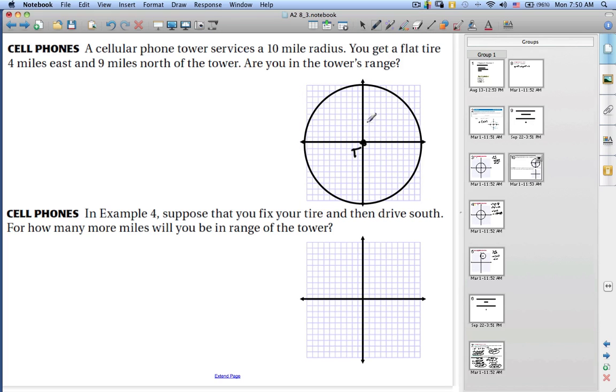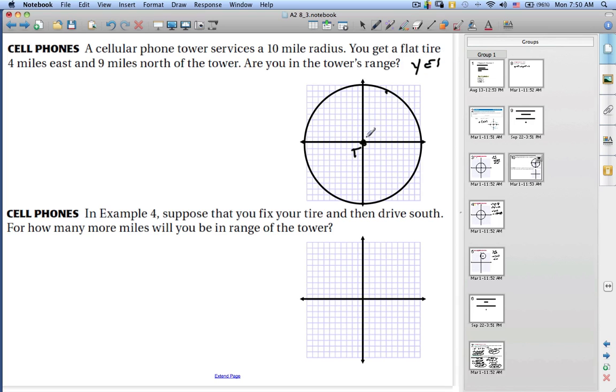That's where my tower is, and it goes 1, 2, 3, 4, 5, 6, 7, 8, 9, 10 in all directions. So now if I want to look at 4 miles east and 9 miles north, well, there's 1, 2, 3, 4, 1, 2, 3, 4, 5, 6, 7, 8, 9. Looks like it's right on the bubble, right? So I would say, yes, I am, preliminarily.